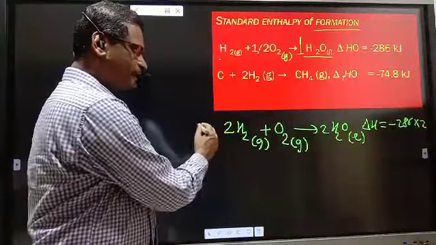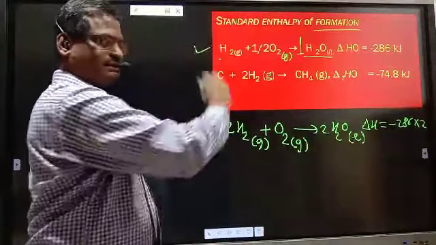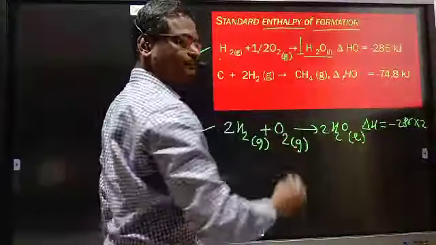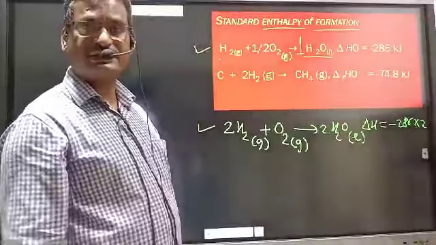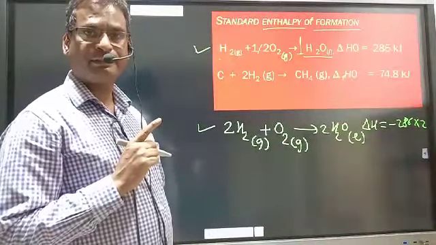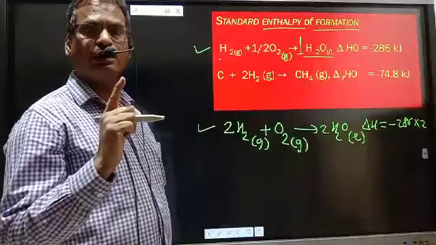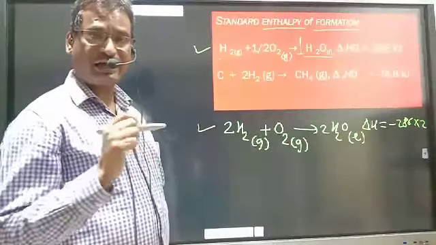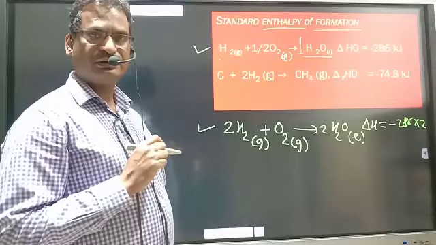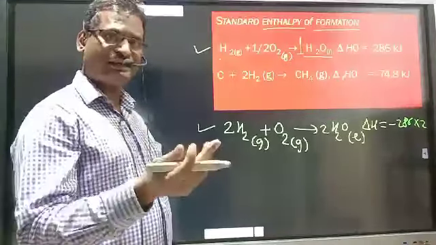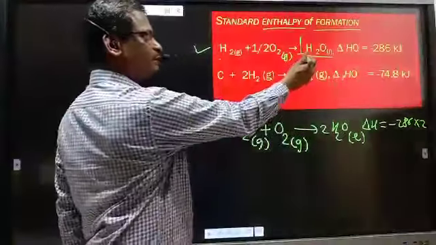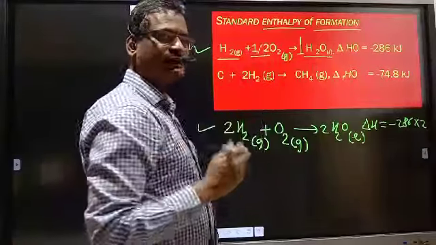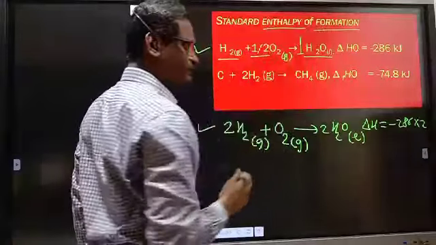This reaction is also balanced. But to calculate the enthalpy of formation, how many moles of substance must be obtained? Only 1 mole of substance should be formed. And the enthalpy change, that is heat absorbed or released during the formation of 1 mole of substance from its constituent elements, is known as enthalpy of formation.